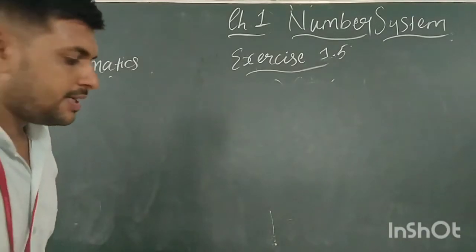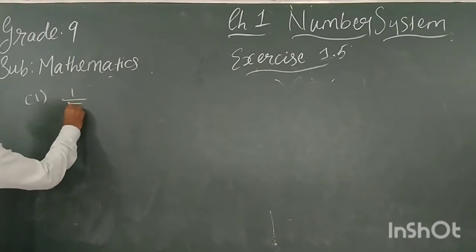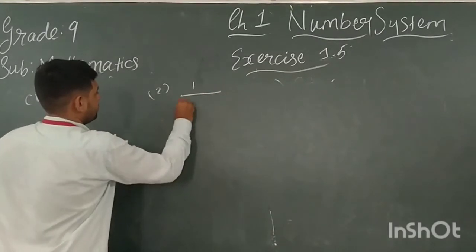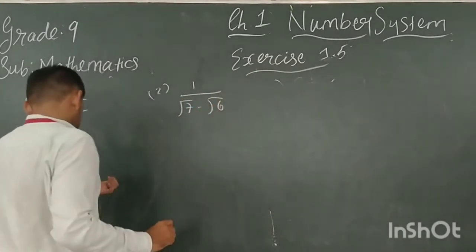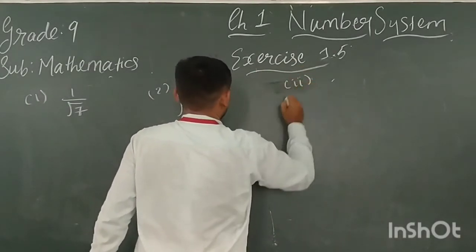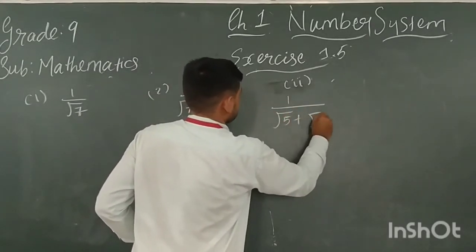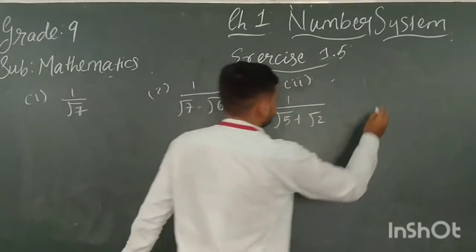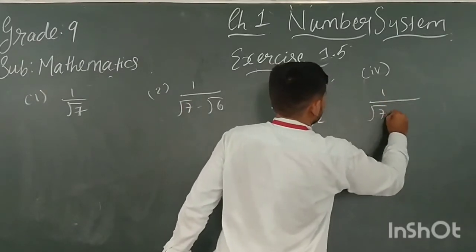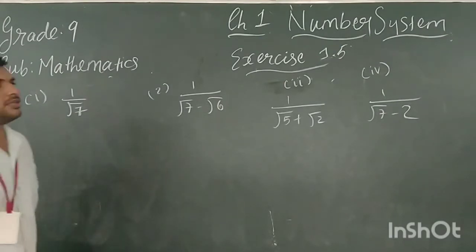The questions are: first one, 1 upon root 7; second, 1 upon (root 7 minus root 6); third, 1 upon (root 5 plus root 2); and the fourth one, 1 upon (root 7 minus 2). So these are your questions. We need to rationalize the denominator.